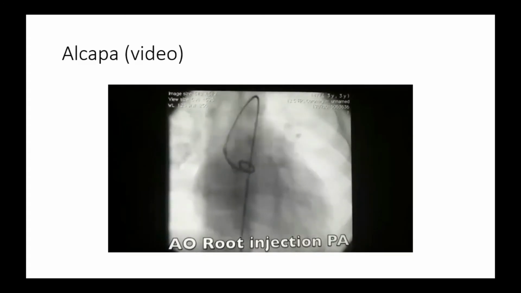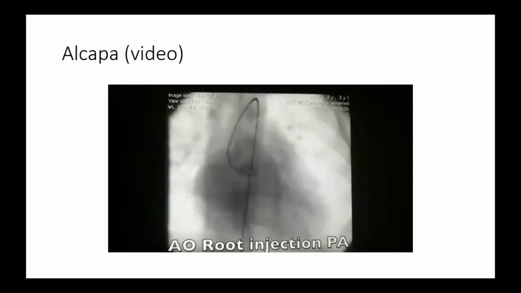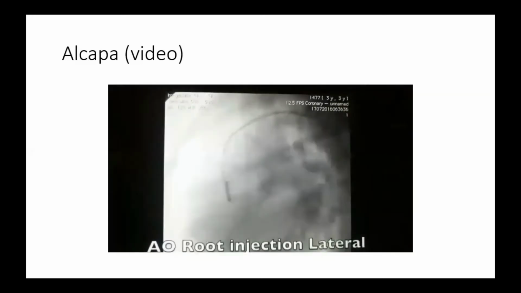What is the treatment for it? Treatment is to re-implant the coronaries in the aorta. Surgery, right? Okay, bypass. Yes. That's again ALCAPA.